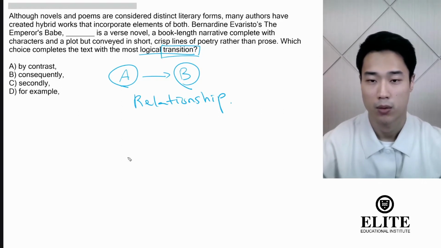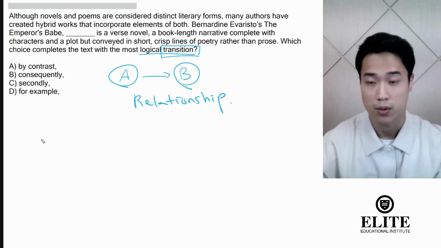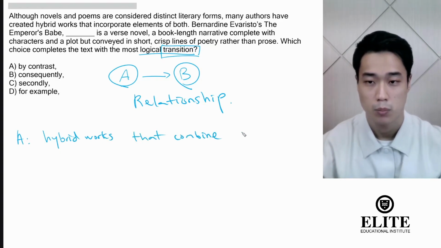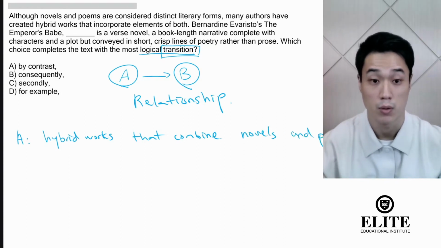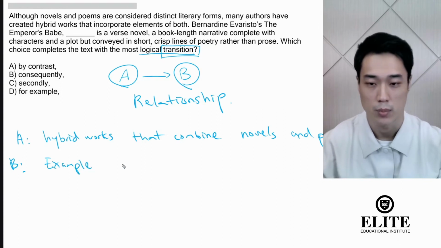Okay, so we have two sentences, essentially. Sentence A talks about hybrid works that combine elements of novels and poems. And sentence B talks about an example. What does this example do?